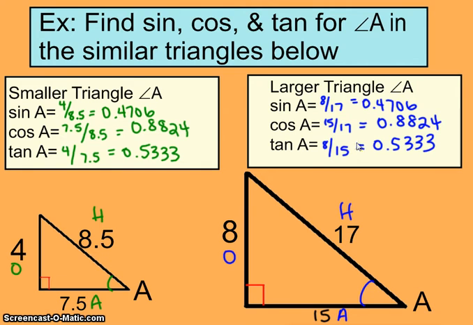That's going to happen with similar triangles because 2 over 4 or 1 over 2 both simplify to 0.5 or 1/2. They are similar ratios, which means that when I simplify these fractions, I'm going to end up with the same decimal. That's important to know: your trigonometric ratios will be the same for similar triangles.